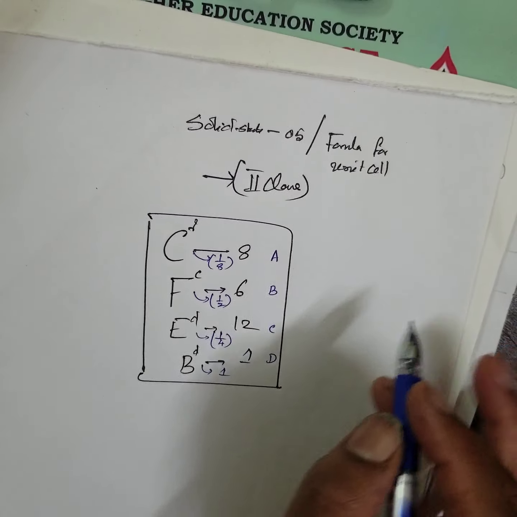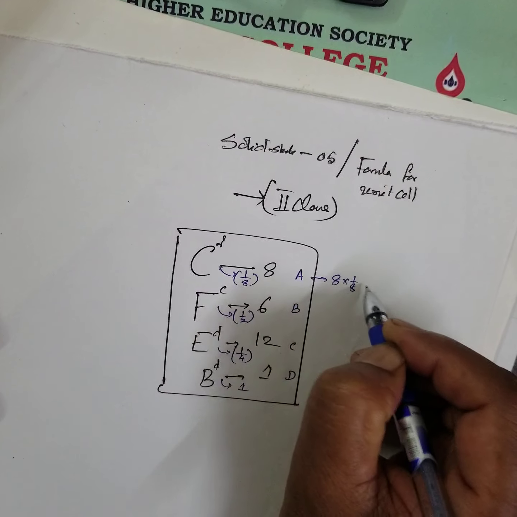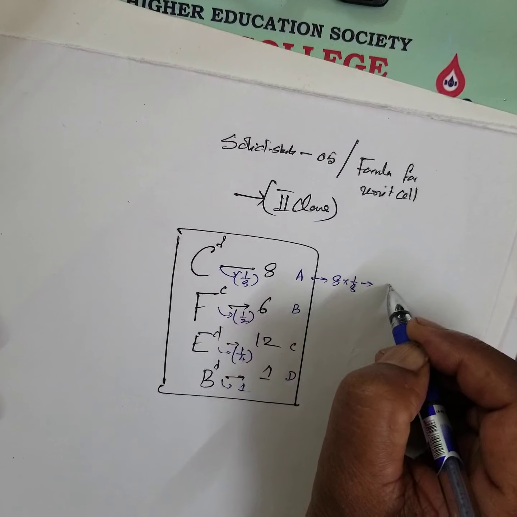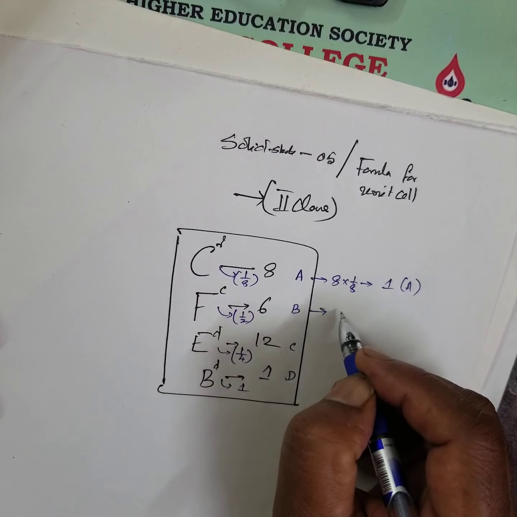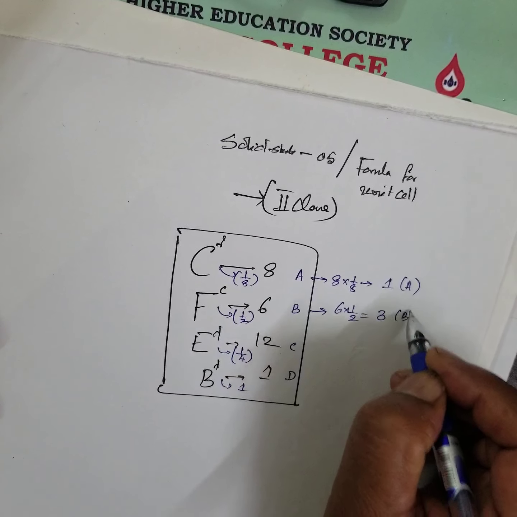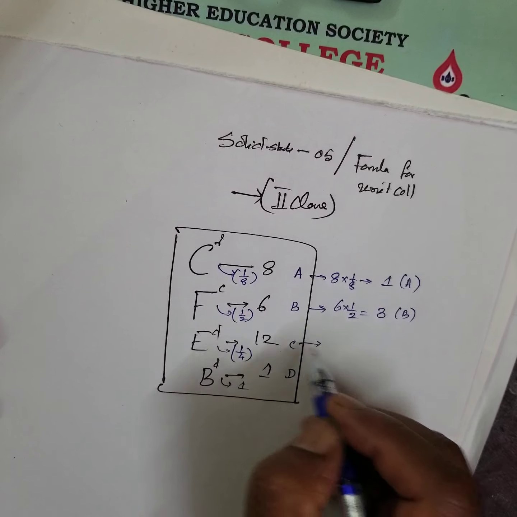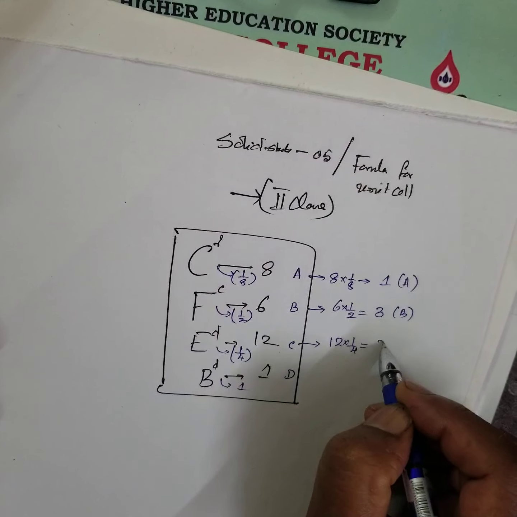How have we done it? 8 into 1 by 8, for A you got 1. For B, 6 into 1 by 2, 3. Therefore for B you got 3. For C, what do you get? 12 into 1 by 4, that is 3.